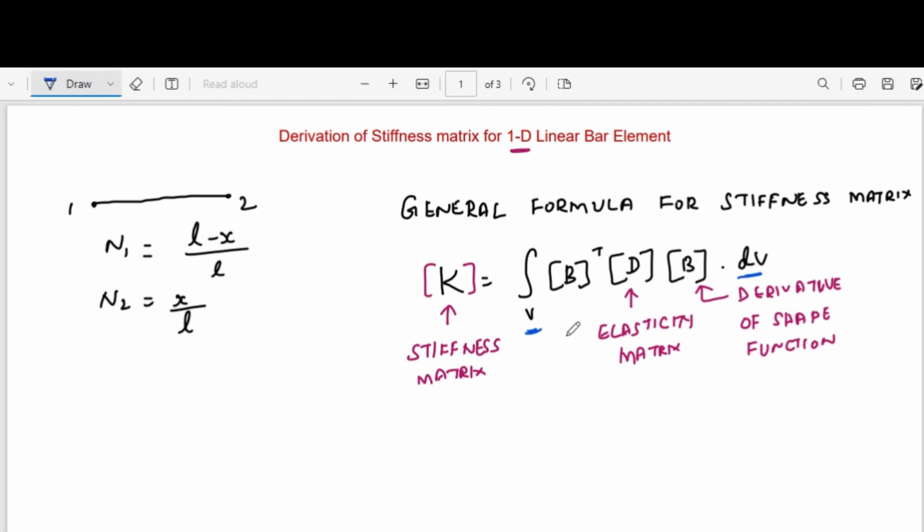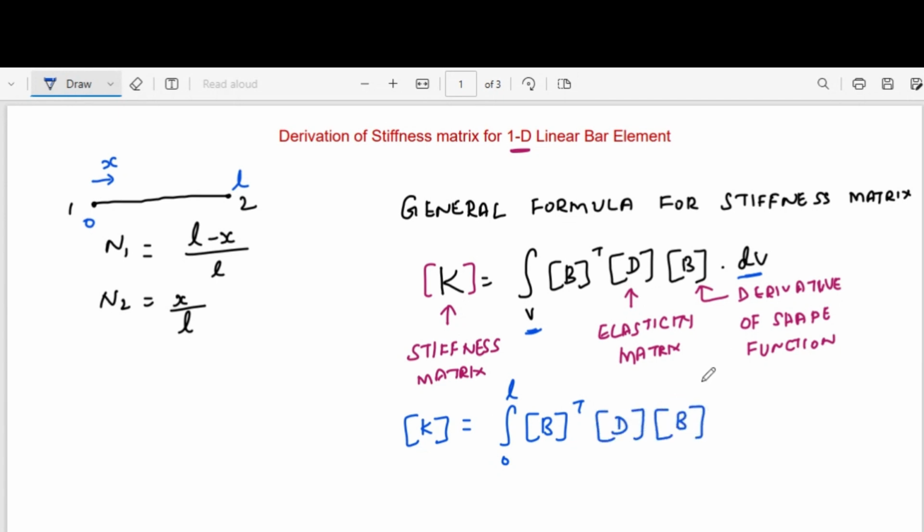So we have to convert this into a line integral, because in a one-dimensional linear bar element we are dealing only with one axis, that is the x-axis, which is from 0 to L. So we can rewrite the stiffness matrix K as the integral from 0 to L of B transpose D B, and instead of dV, the volume, I write the area times dx.